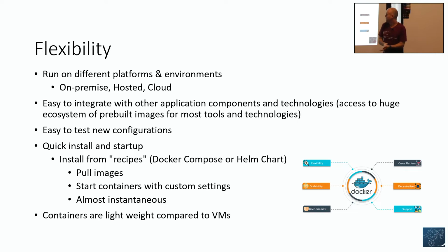Flexibility, you can run on different platforms, different environments, on-premise. You can build your stacks and test them on, if you have a Windows machine, which some people have, you might have the Windows Subsystem for Linux installed on that, so you can run Docker Desktop and actually run your stack as part of your development environment.